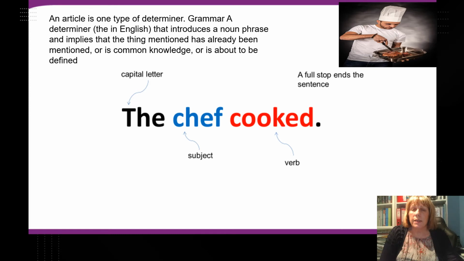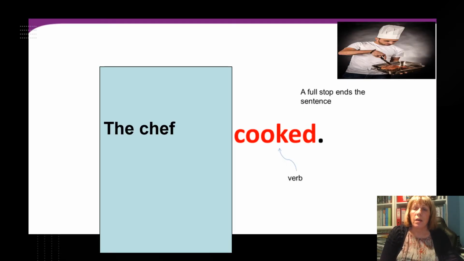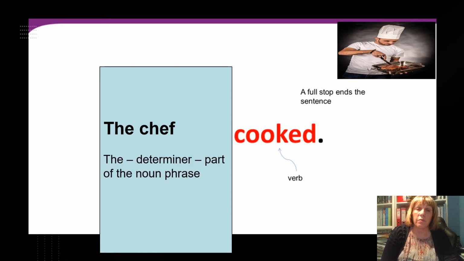If we look at that sentence again, the chef cooked. If we are used to writing subject, verb, object sentences, we would add in another word there. The chef cooked pizza. So the chef is our subject, cooked is the verb, and when we look at chef we have to use the because we don't know the chef's name, the chef.